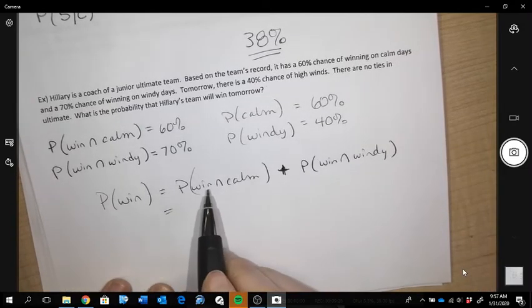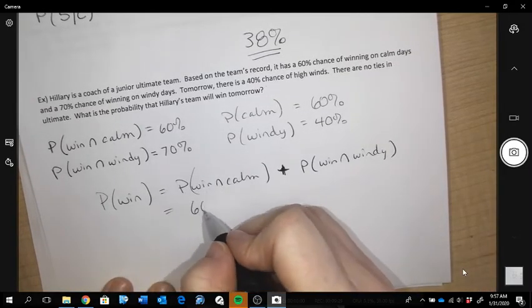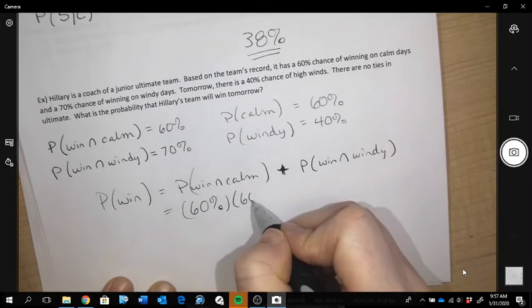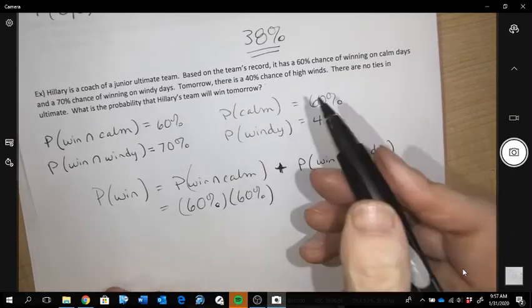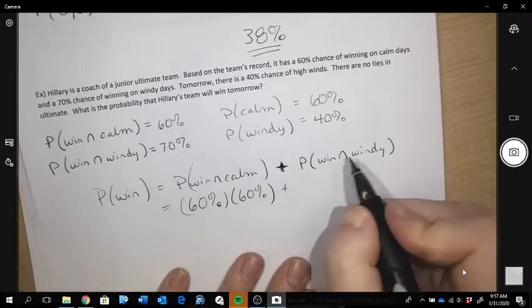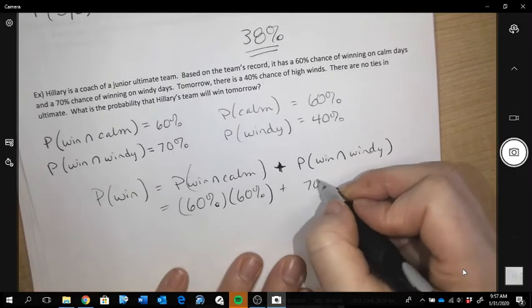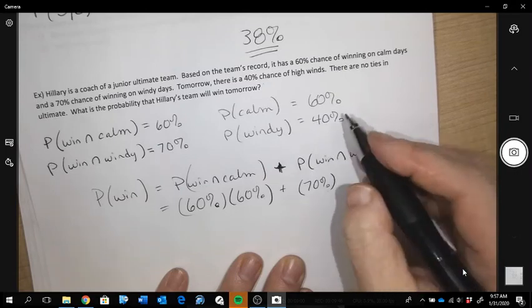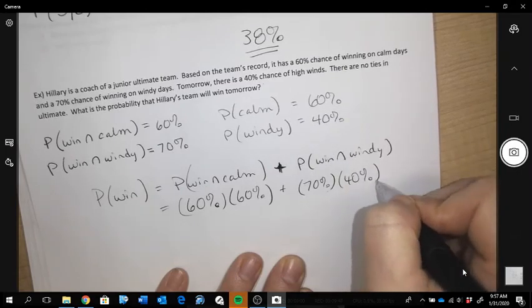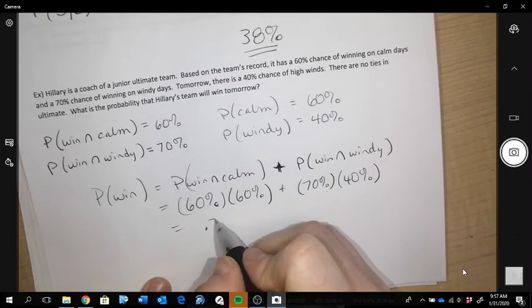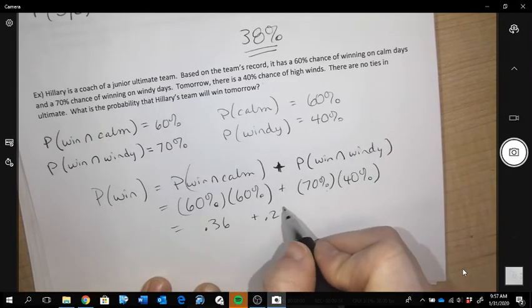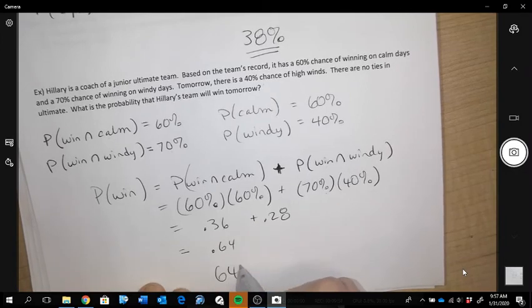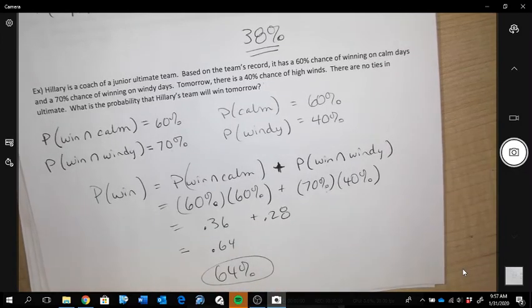Okay, so they have a 60% chance of winning when it's calm times a 60% chance of it being calm, plus probability of winning when it's windy is 70%, and the probability of it being windy is 40%. So I'm going to just do this as decimals. So there is a 64% chance of winning.